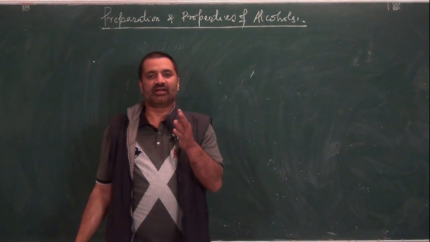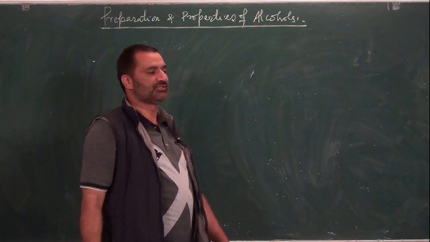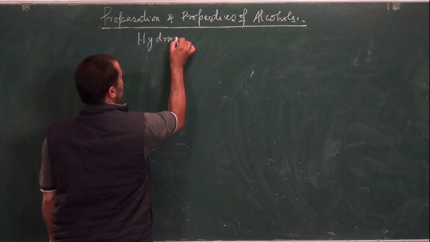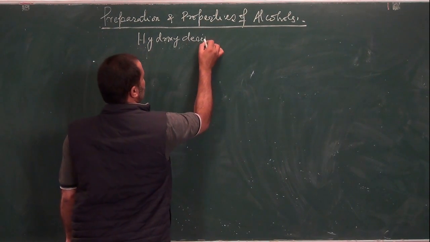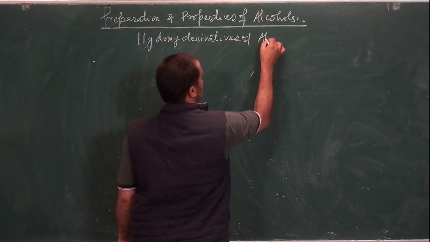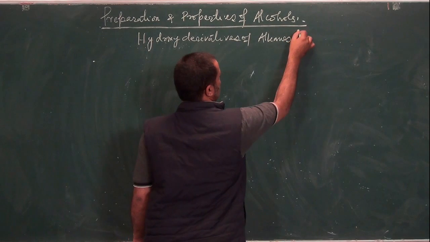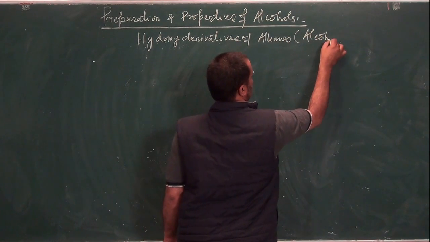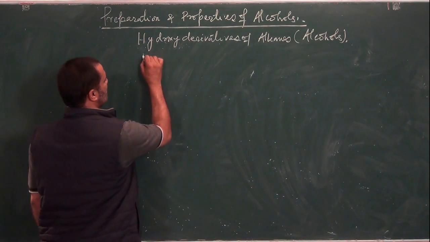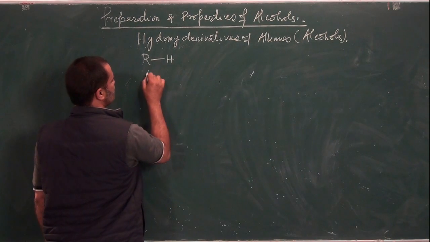Alcohols are basically hydroxy derivatives of alkanes. So these are alcohols. What is the general formula for alkane? RH.